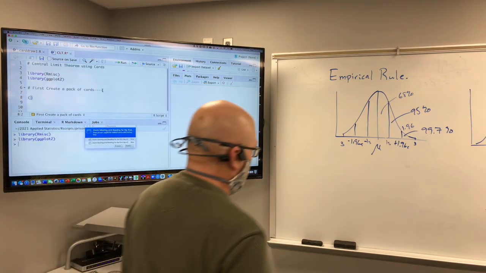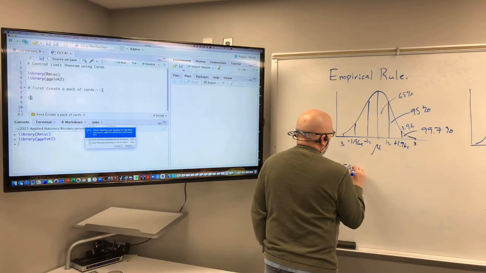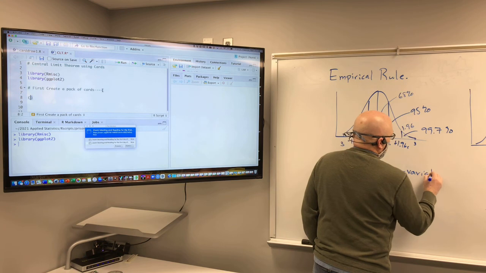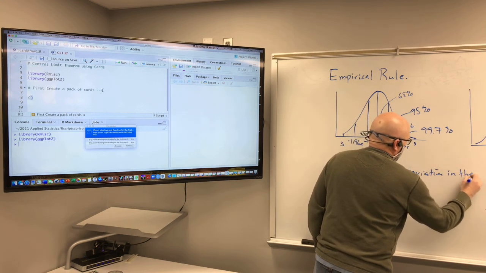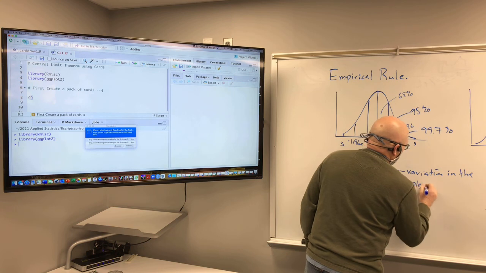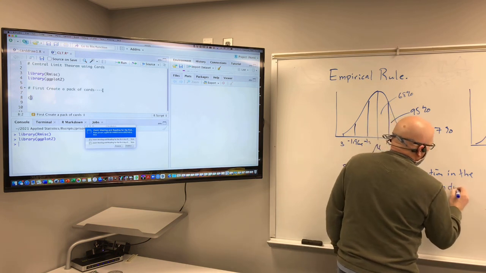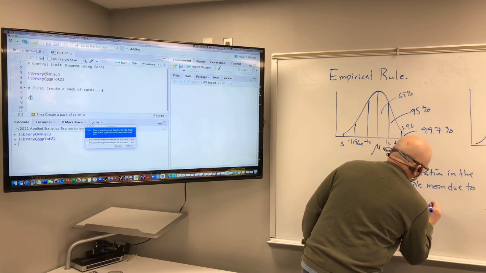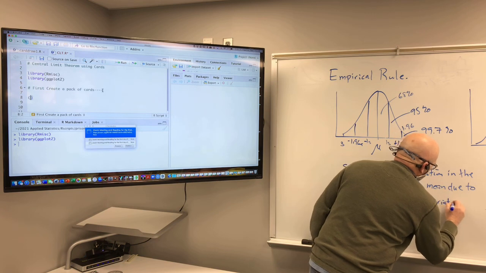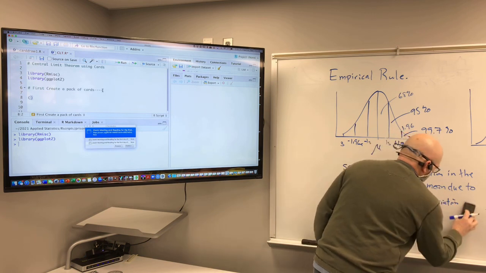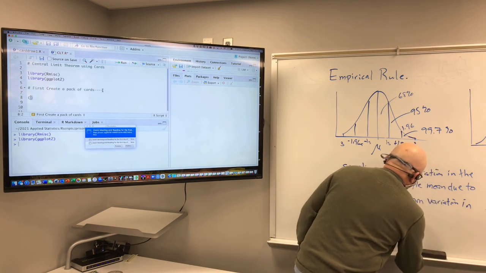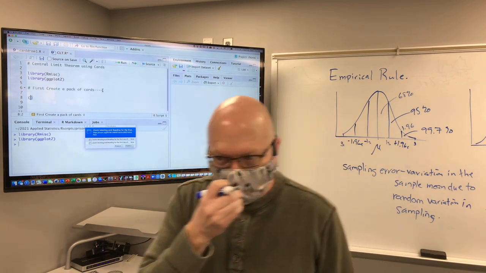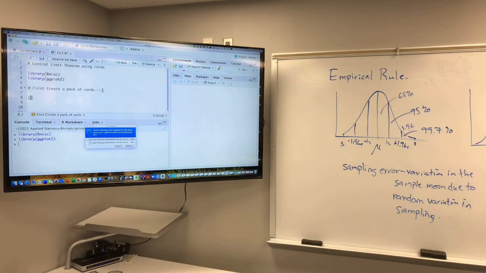Sampling error is different from measurement error. Because when you sample from a population, you don't have access to the complete population.